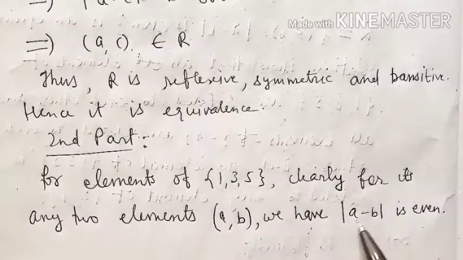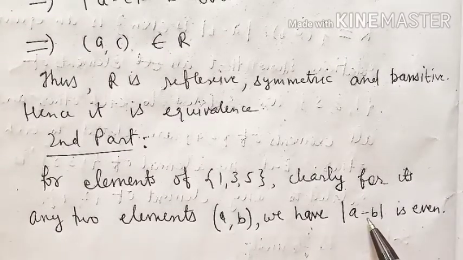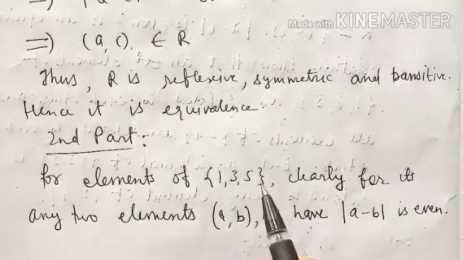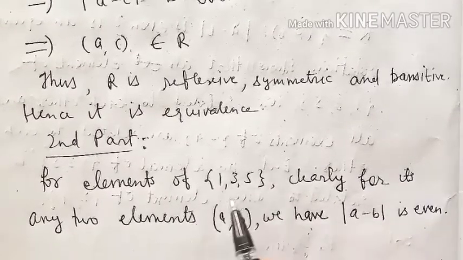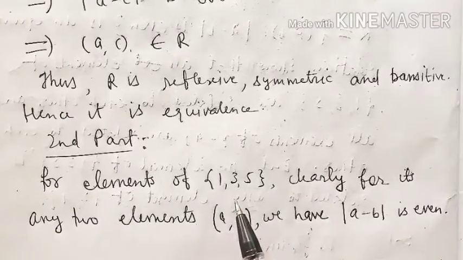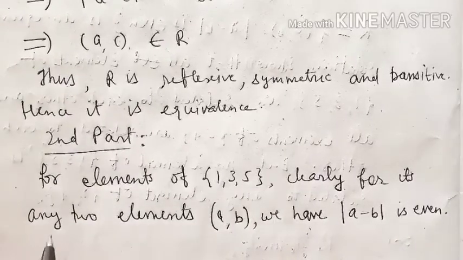Suppose you take a = 1, b = 5, then mod 1 minus 5 is 4, which is even. 3, 5, then mod 3 minus 5 is 2, which is even. 1, 3, 2 is even.